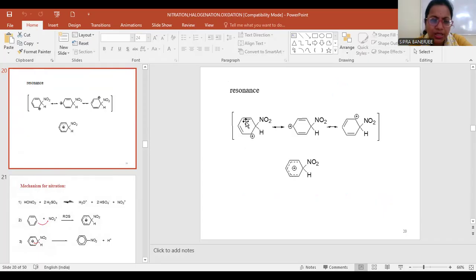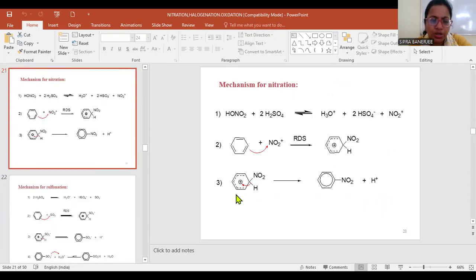All the pi electrons are circulating, so it will form a resonance hybrid. Depending on the resonance hybrid, the nitro group will be added, and the carbocation is formed. And this carbocation directs the proton.